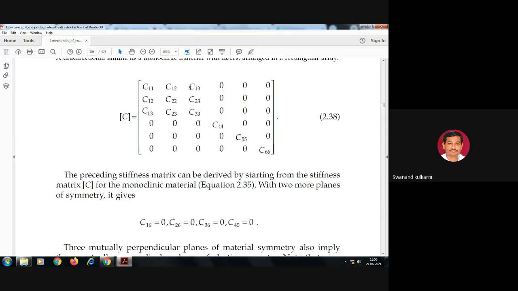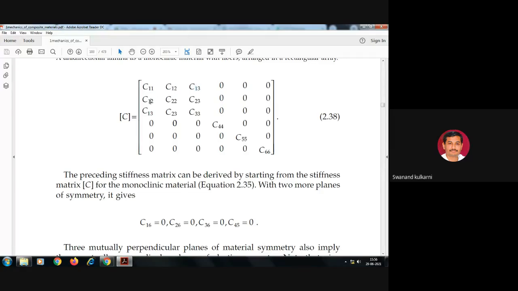C11, C12, C13, then 0. C12, C22, C23, then 0. Likewise, if we consider how many elements are actually related with each other, these 3, 9, 10, 11, 12. But if we identify the common material parameters between them, then we will come to know C11 is present here, then C12 is present here, C13 is present here.